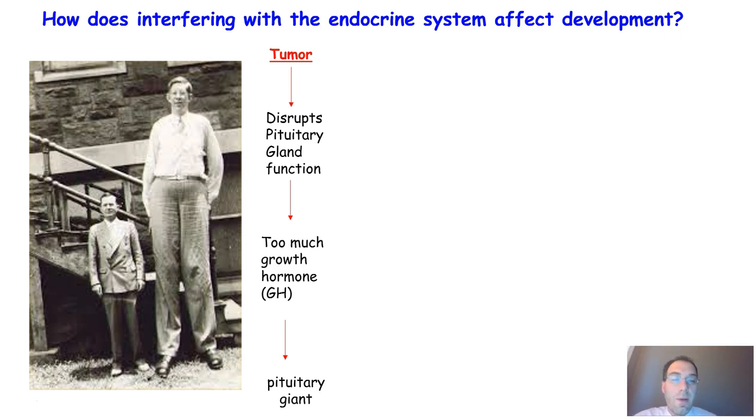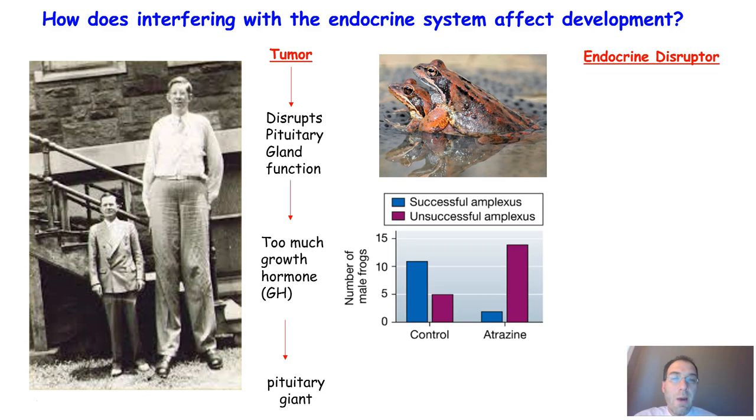Also, more contemporarily, and a really important issue in the environment today, given the amount of synthetic chemicals that we wash down our sinks that end up going into the aquatic systems, is what's known as endocrine disruptors. An endocrine disruptor is a synthetic chemical that mimics the different types of hormones that we have in our body.